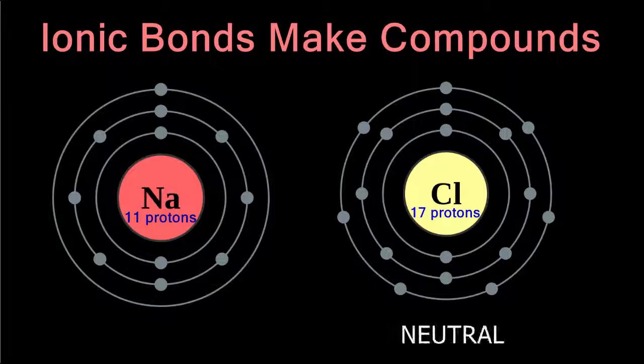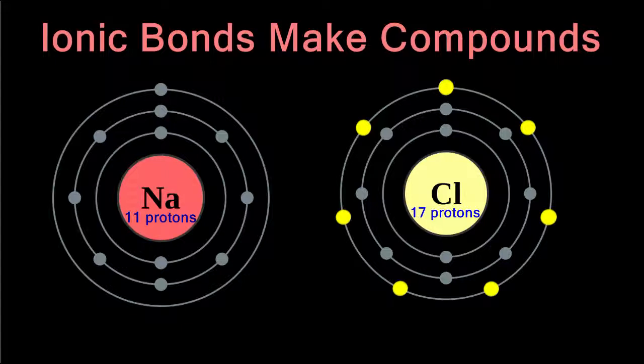It is therefore a neutral atom. Chlorine's outermost orbital is also the third orbital. It has 7 electrons in that energy level, but it needs 8 to be considered full and for chlorine to be happy.